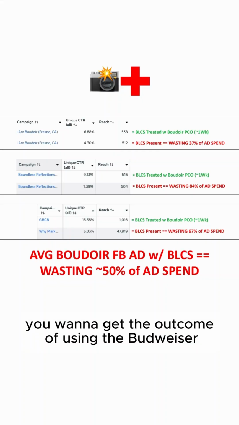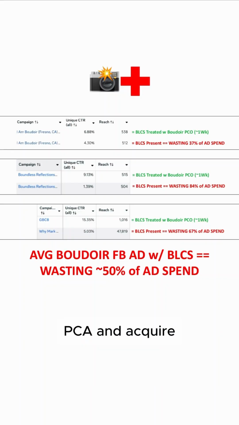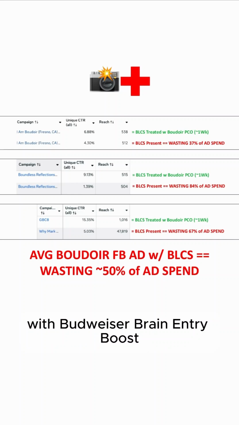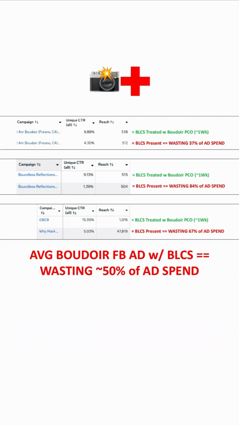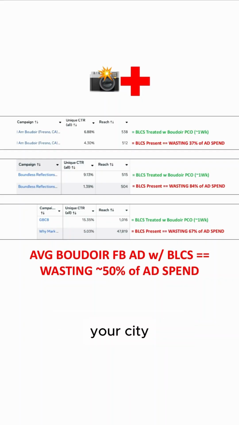You want to get the outcome of using the Boudoir Pico treatment, and you want to achieve pre-click alignment, PCA, and acquire or become a dominant boudoir advertiser with Boudoir Brain Entry Boost, so that you can be on your way to being the number one boudoir photographer in your city.